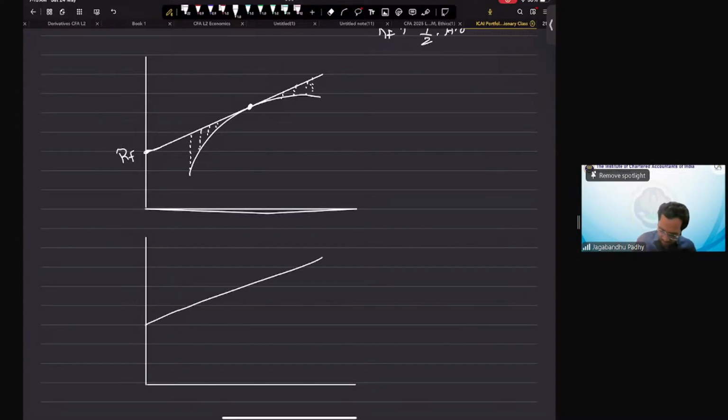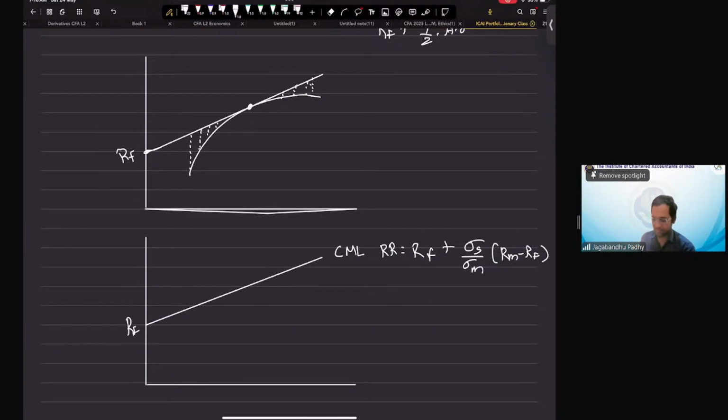And this particular line will be what is observed, and this line is what is called the capital market line. The capital market line is used to calculate the required return, equal to RF plus standard deviation of the security upon standard deviation of market into RM minus RF, right?